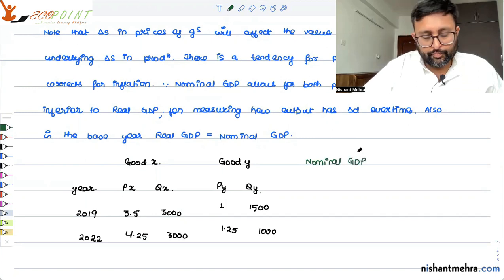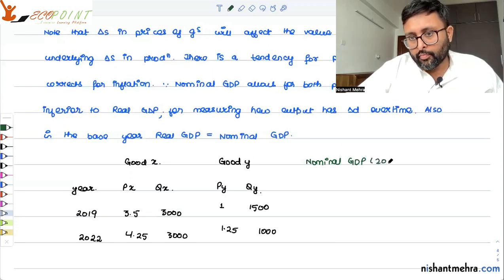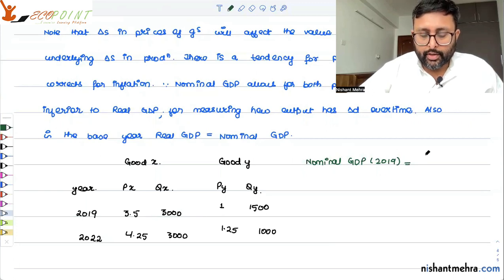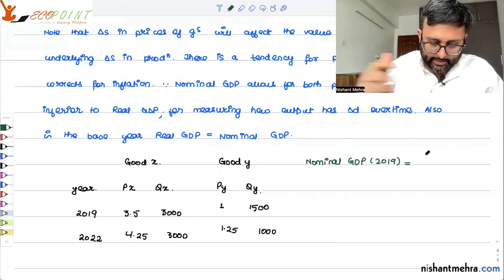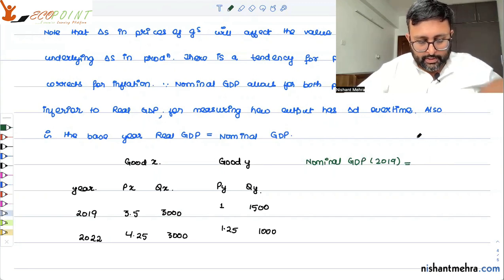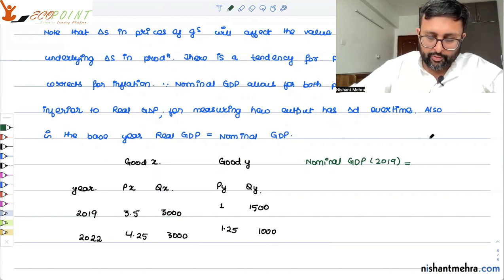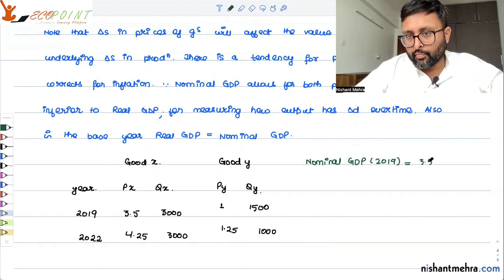in 2019, and 2019 is the base year, it is going to be price of X into quantity of X plus price of Y into quantity of Y: 3.5 into 3000 plus 1 into 1500.